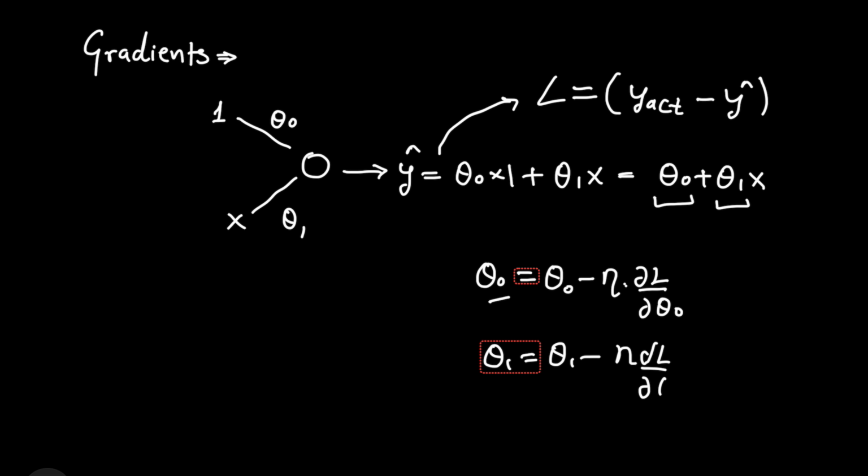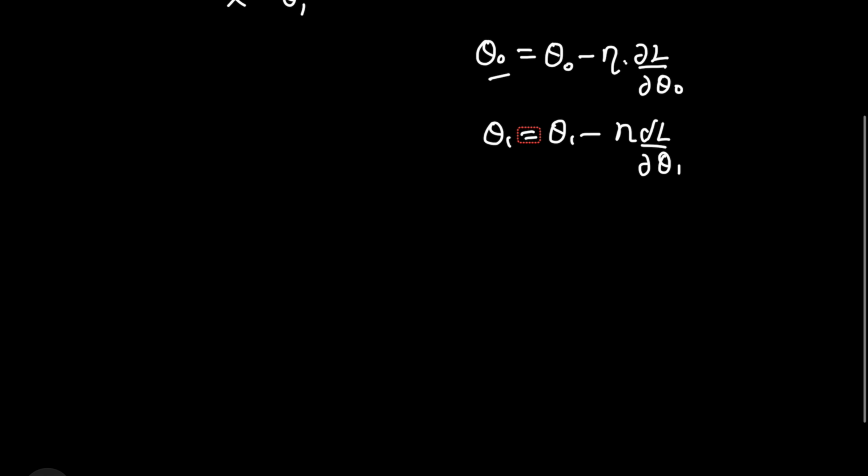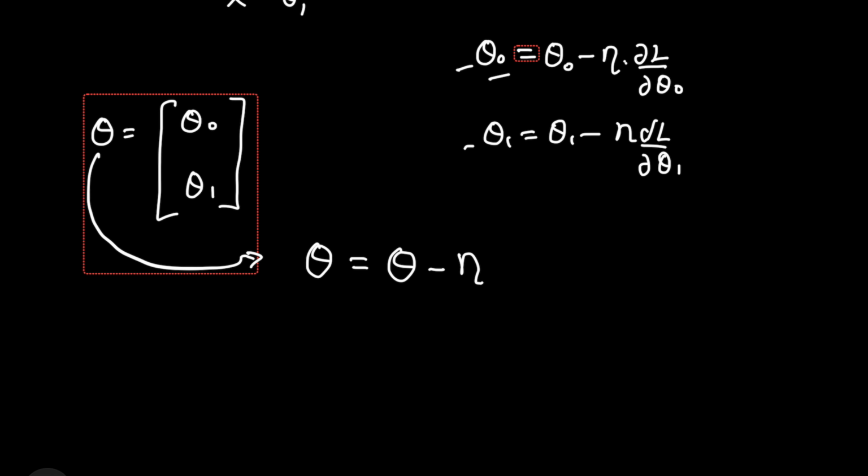Let me do some more arrangements. Here we have just two parameters, theta naught and theta 1. We can create a theta vector which has both theta naught and theta 1, and then we can simply write this update rule as theta minus eta times del L over del theta.